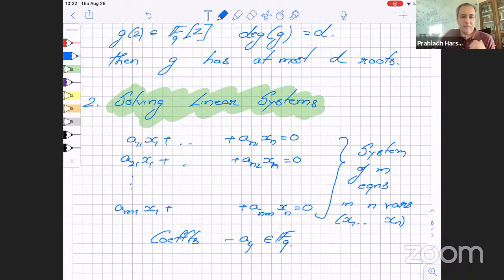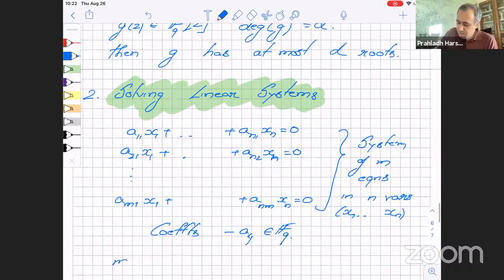I want to say that if m is greater than or equal to n, the number of constraints is at least the number of variables, this system always has a solution.